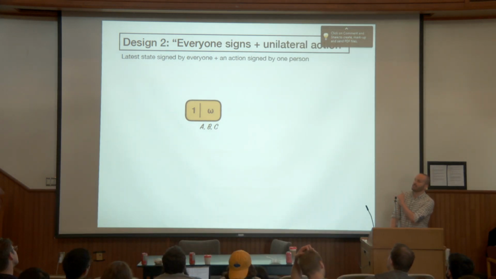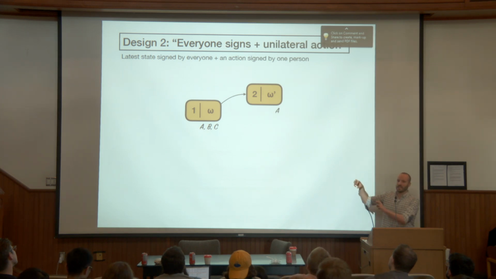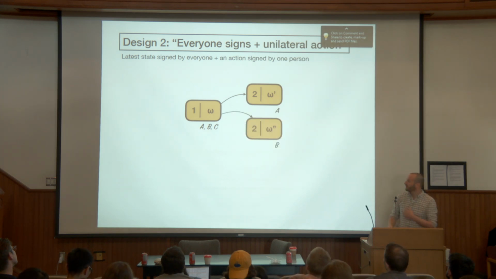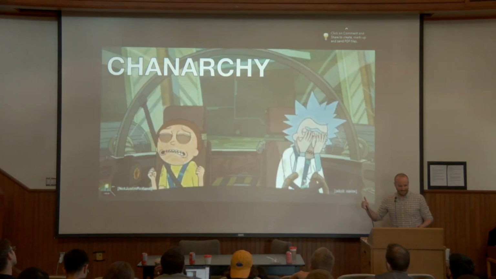Everyone signs, and you can unilaterally advance state. So you can have this situation where A advances to omega primed, and if we take that to chain, A will get omega primed, but B could go somewhere else. That's a problem because we've got this race condition, we've got Chanarchy.